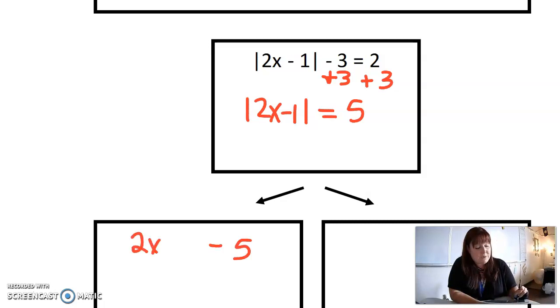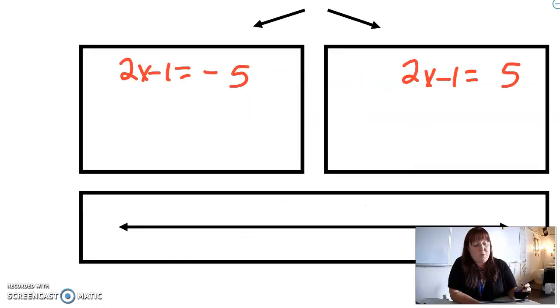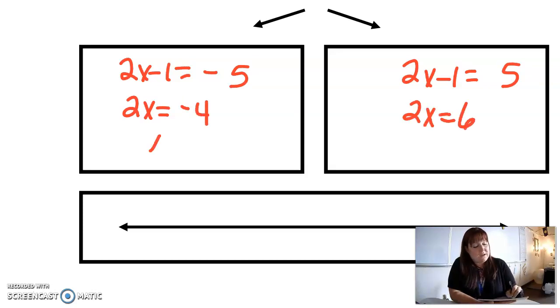So 2x minus 1 has to either equal negative 5 or 2x minus 1 has to equal positive 5. We can solve both of these by adding 1 to both sides. Add 1 to both sides, that gives us 2x equals negative 4. This one gives us 2x equals 6. So x equals negative 2 or x equals 3. And again, we could go back and check them if we like.